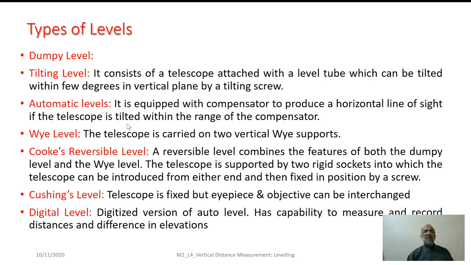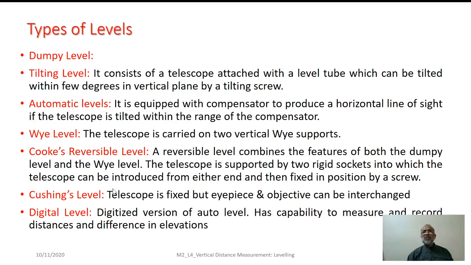In the Y level, the telescope is detachable and it is supported over two supports which are Y in shape. The Cook's level is nothing but the reversible level and it combines the features of the dumpy level and Y level. Here the telescope is supported by two rigid sockets into which the telescope can be fixed.